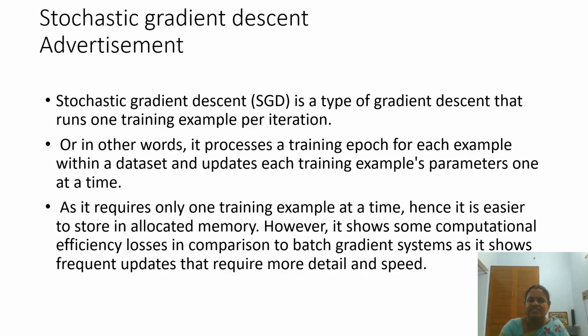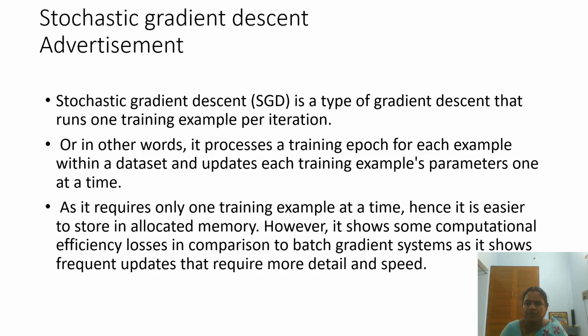Stochastic gradient descent is a type of gradient descent that runs one training example per iteration, or in other words, it processes a training epoch for each example within a dataset and updates each training example's parameters one at a time. As it requires only one training example at a time, it is easier to store in allocated memory.